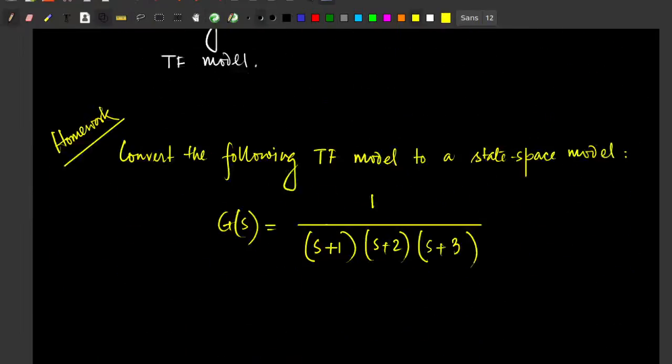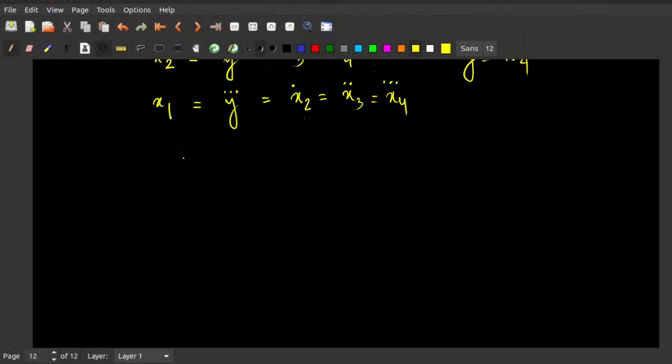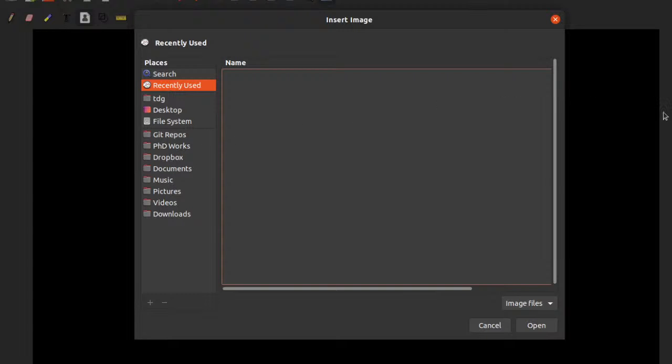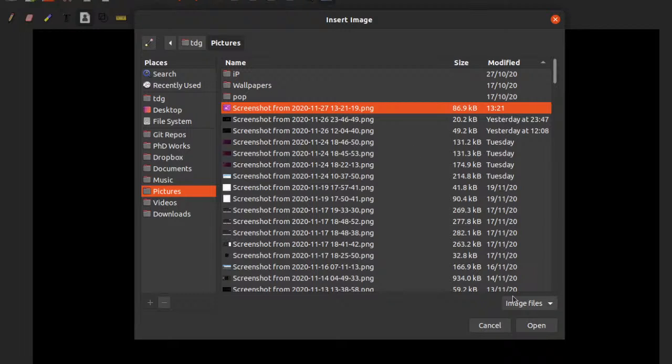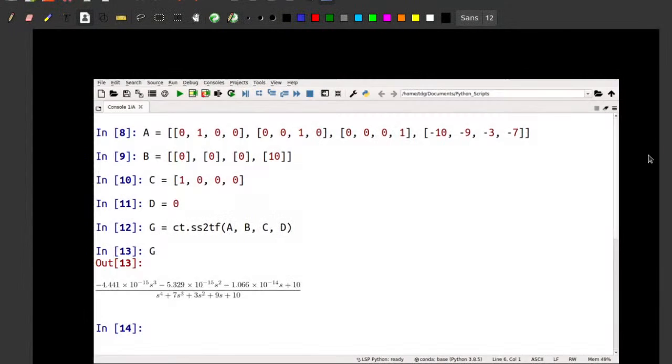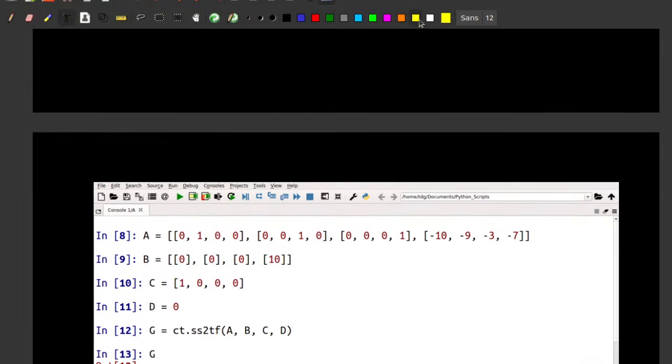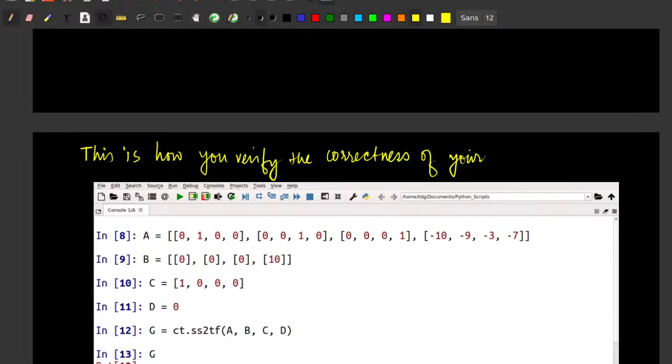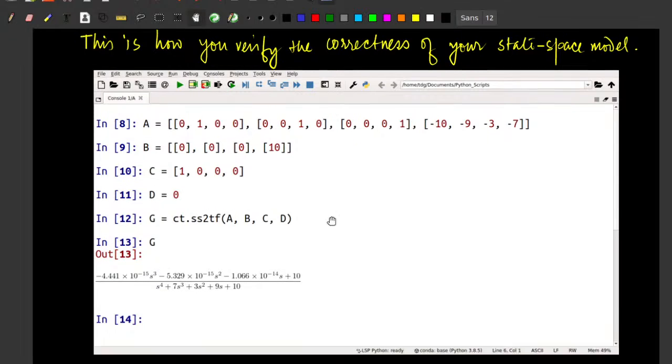So in order to verify our integrity here, maybe write down that this is how you verify the correctness of your state space model.